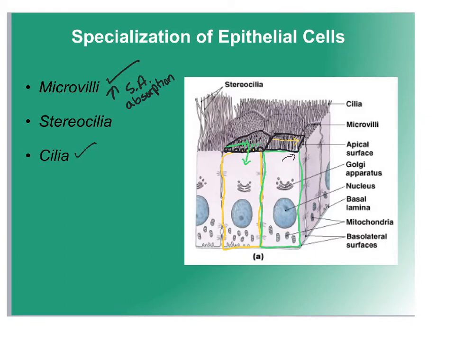And then another specialization with a similar name but a very different function are the stereocilia, and they're much longer. These structures do not have the ability to beat or move on their own, but if something comes in contact with them, they do bend.